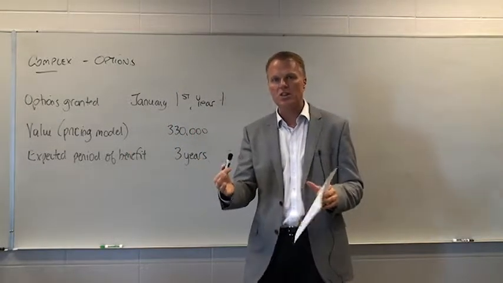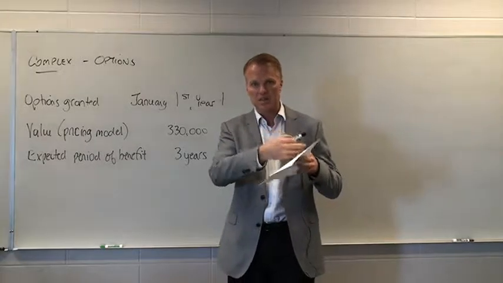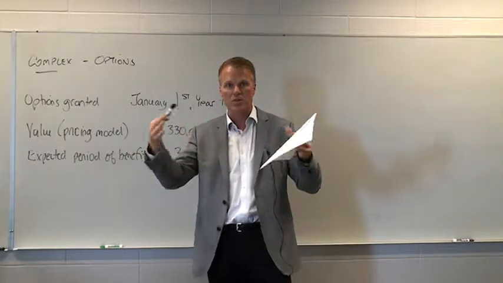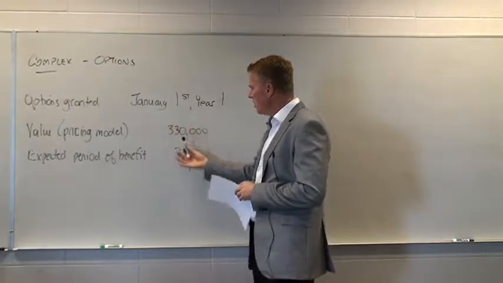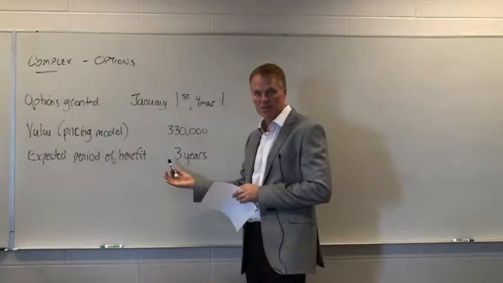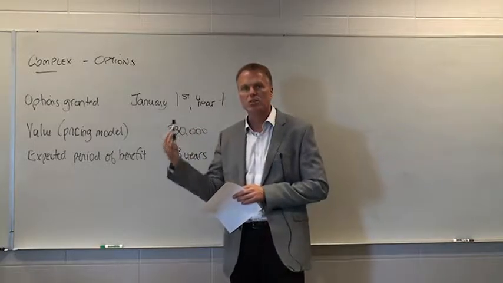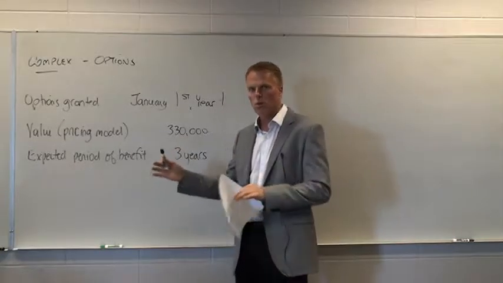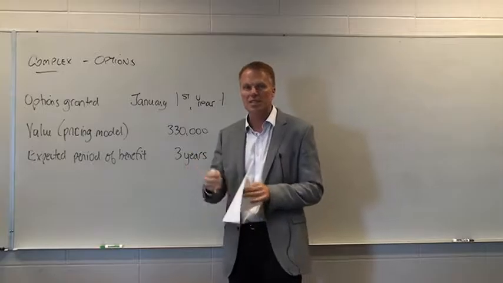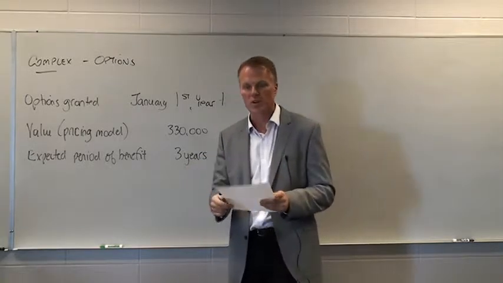Now what we want to do is, in accounting a lot of times, smooth an expense over the period of benefit. Well, the period of benefit of this is 3 years. So a lot of students will make a mistake and expense this all for the first year. Wrong. We want to take this value and expense it evenly over 3 years.